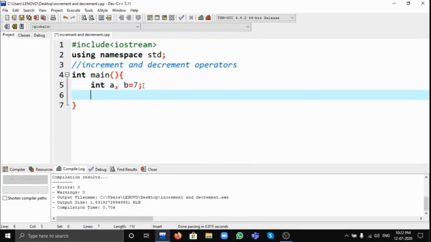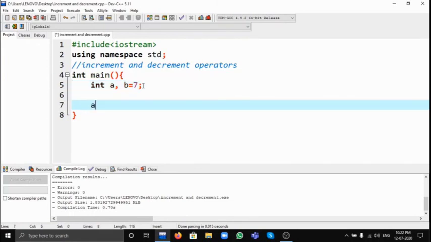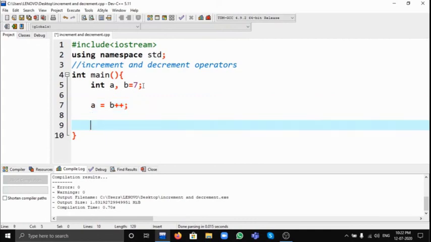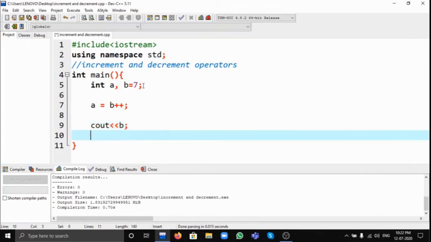All right, and now what I'm going to do is a is equal to b plus plus, and I want to print b, and I also want to print a.